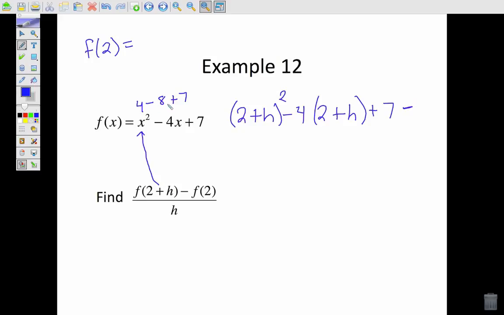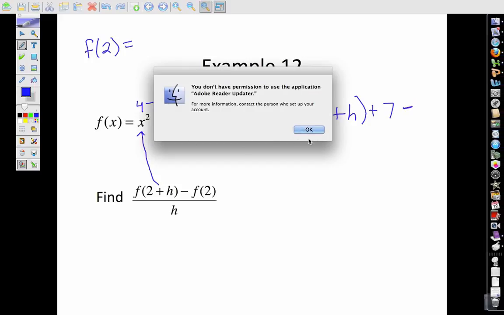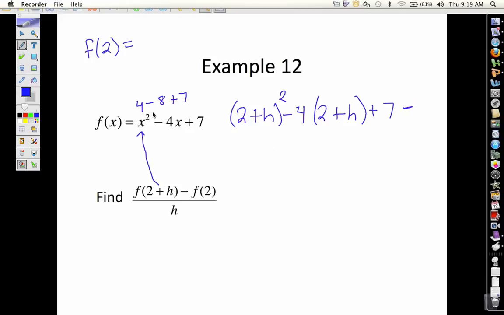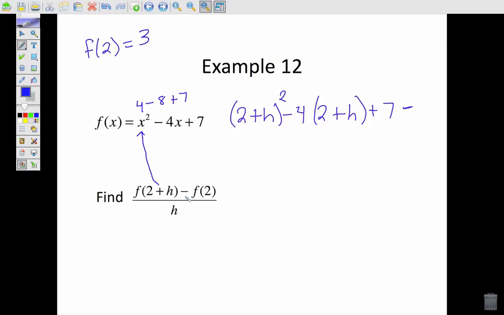That's 4 minus 8 plus 7. When we calculate this, you get negative 4 plus 7, so this is 3. So f of 2 is 3. We're subtracting the result, so minus 3 all over h.